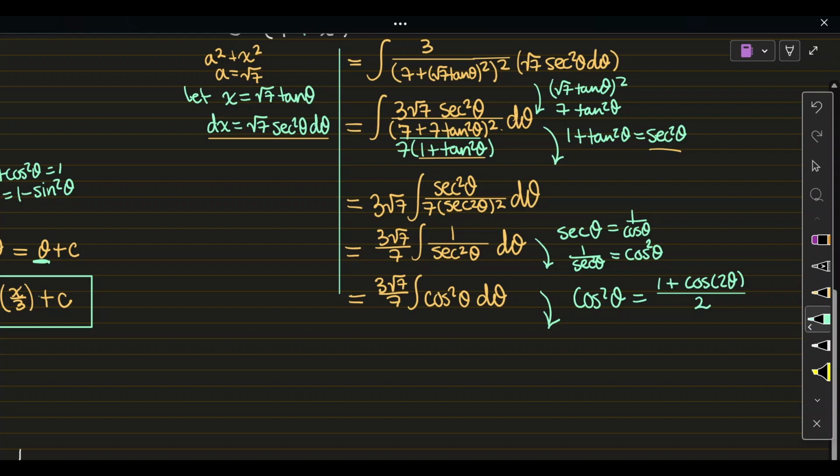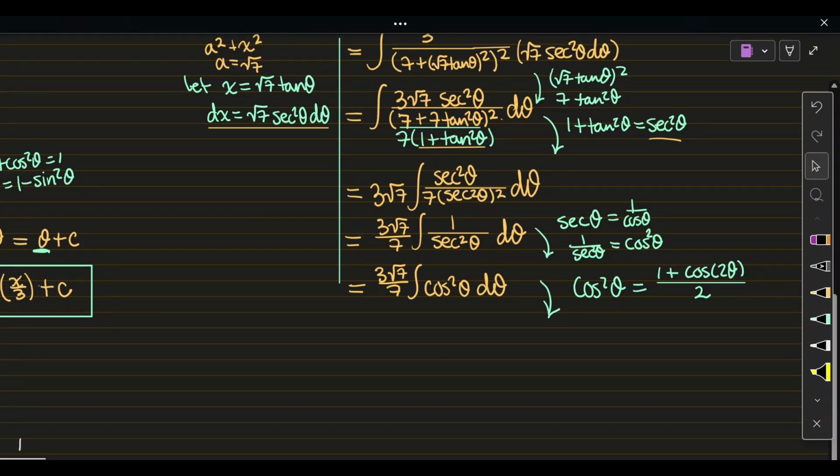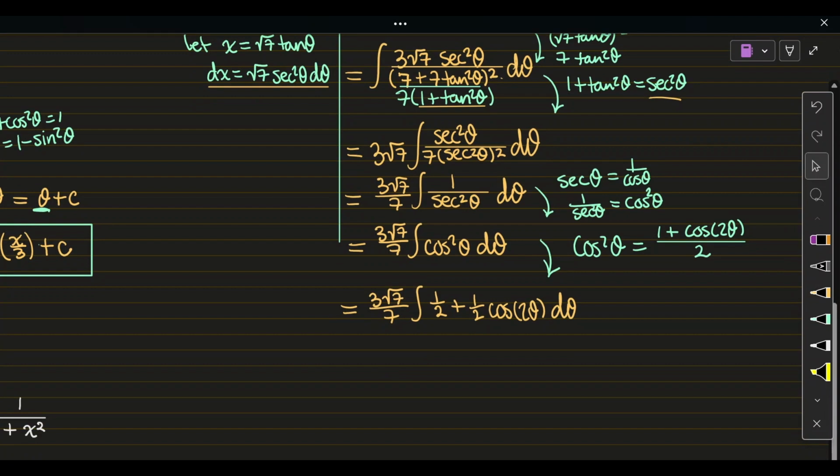Rewriting this, I have 3 square roots of 7 over 7 times the integral of, and I can break this sum up in the numerator, 1/2 plus 1/2 cosine 2 theta d theta. That's just me splitting up the sum into 1/2 and cosine of 2 theta.